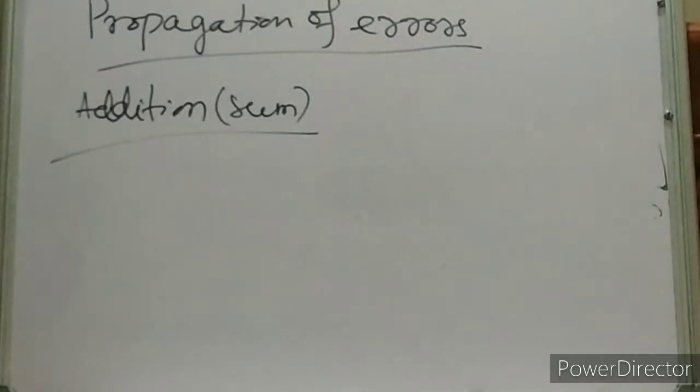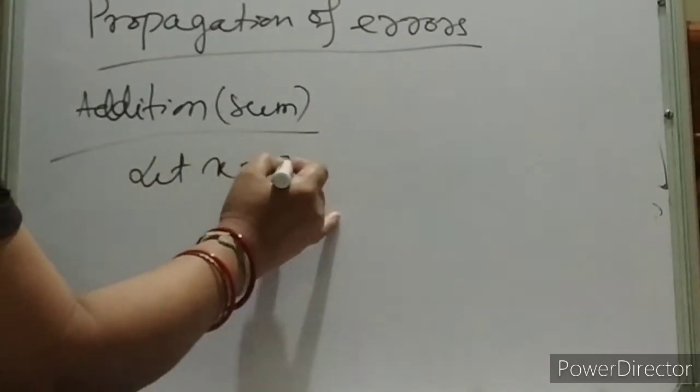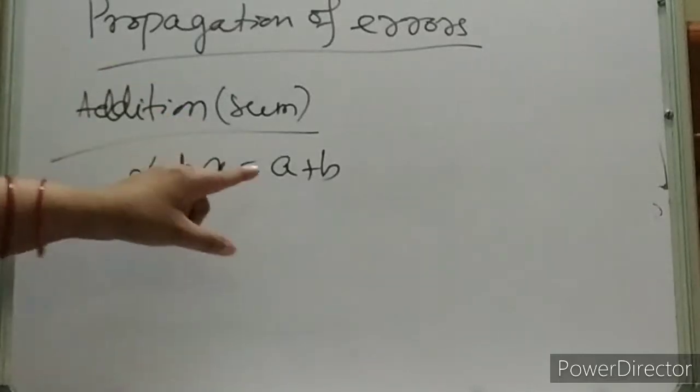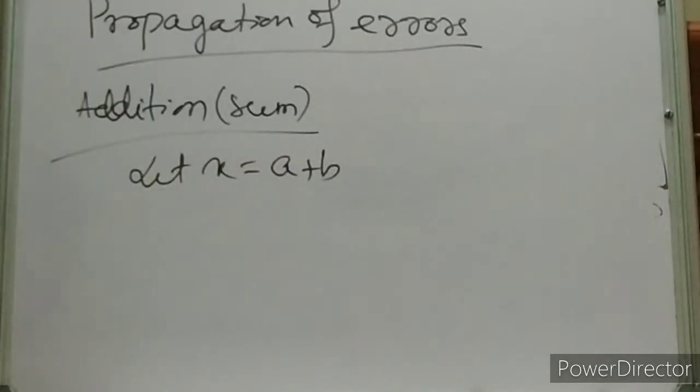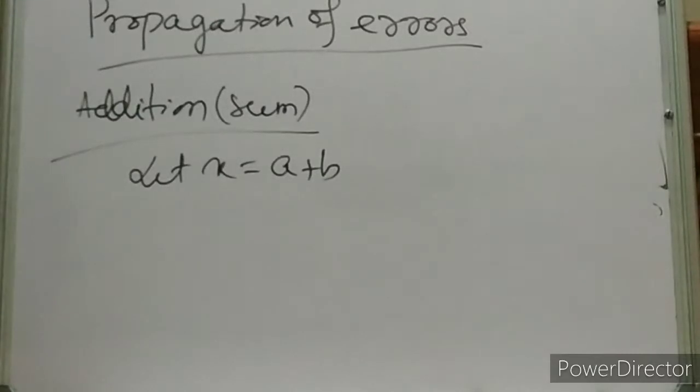Here, let the quantity x be equal to a plus b. There will be some error in the measurement of a and some error in the measurement of b. Then how do we find the error in x? That we will discuss now.